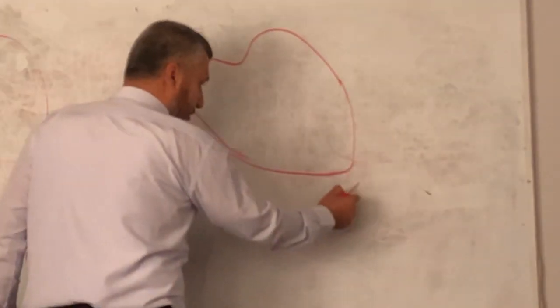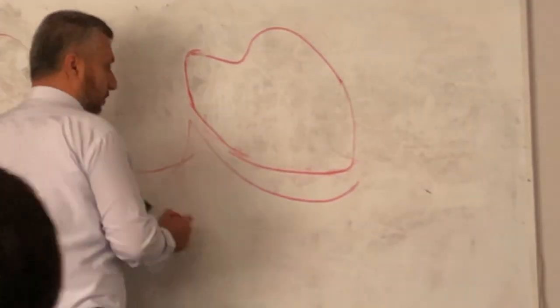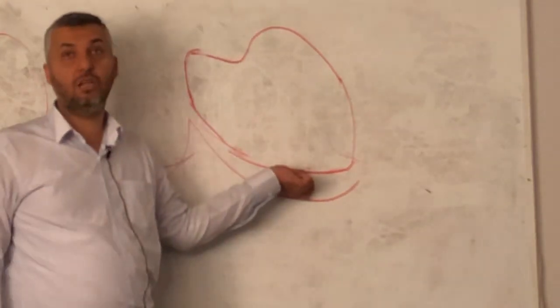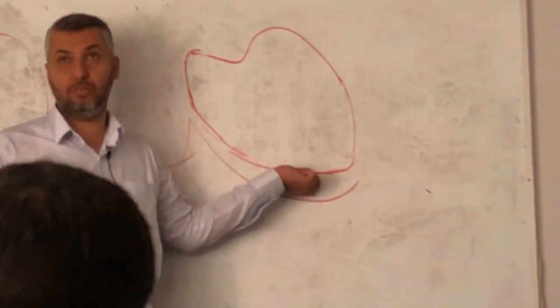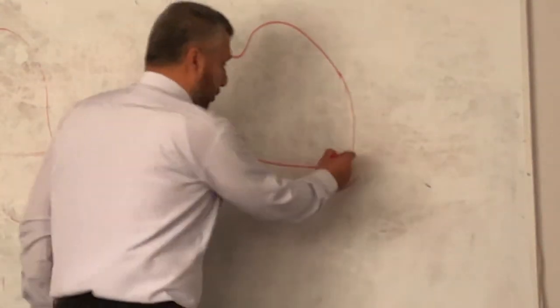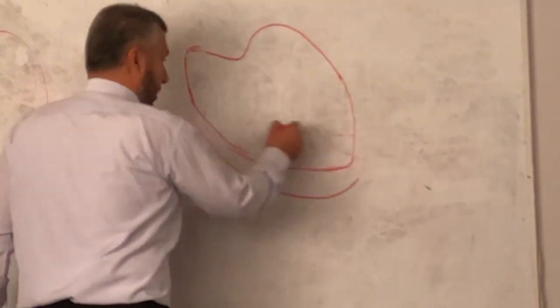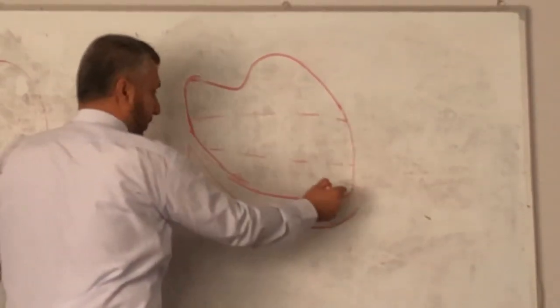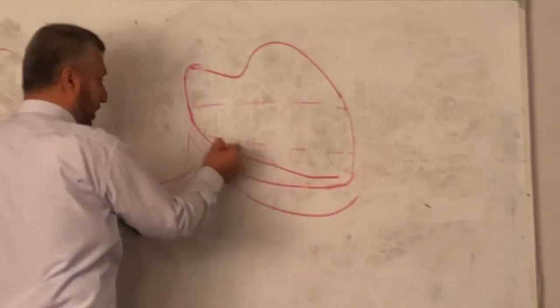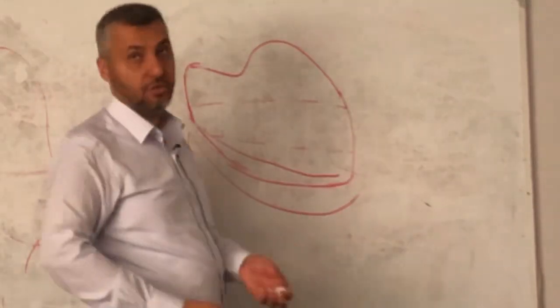This gingiva comes downward, and the root will be exposed. So as much as possible, in the gingival third, about 1 millimeter above the gingiva.